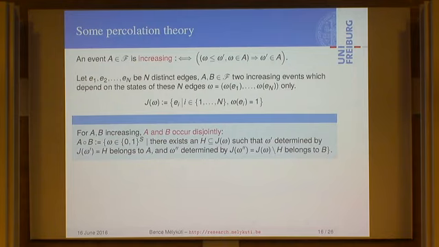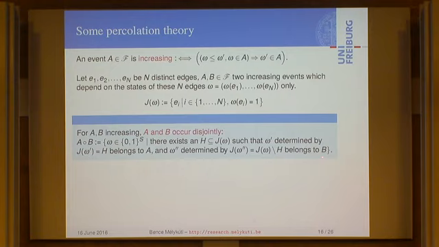So this is just the set of edges which are open. And so we say A and B occur disjointly if the reasons why A and why B occur are disjoint sets from each other. So it says that there is a set of open edges H, and there is a complement set such that the edges in H force A to happen, and whatever is left out forces B to happen.